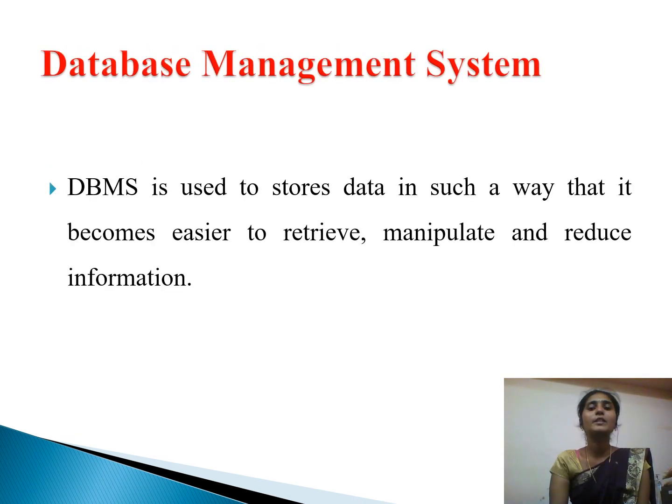What is database management system? The database management system is used to store data in such a way that it becomes easier to retrieve the data, manipulate the data, and reduce the information.